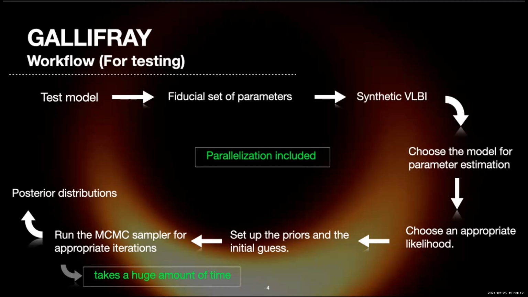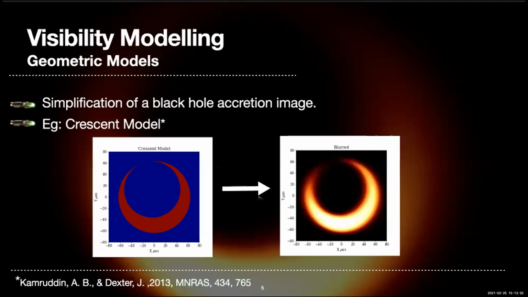Now, this whole step looks very easy, but it is also very time consuming, so we use parallelization for running our code. We have been using a small cluster at the University of Tübingen for running our sampling codes. This is an example of visibility modeling. We first use simple geometric models to approximate a black hole accretion image.